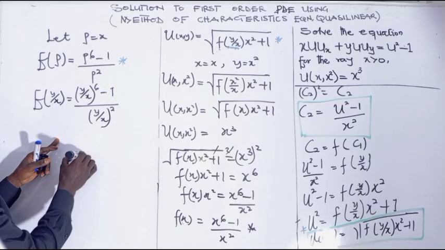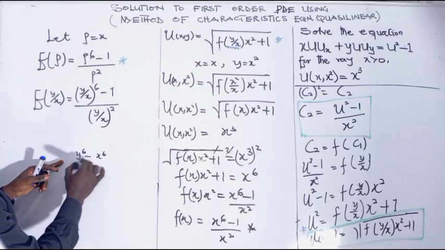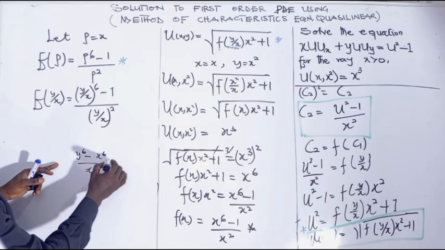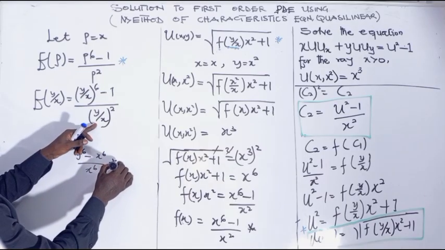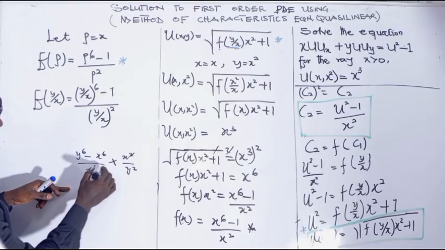From here we can do some small algebra. We can write this as all over x raised to the power 6 times this, we can write it as x squared all over y squared, so that this will cancel.